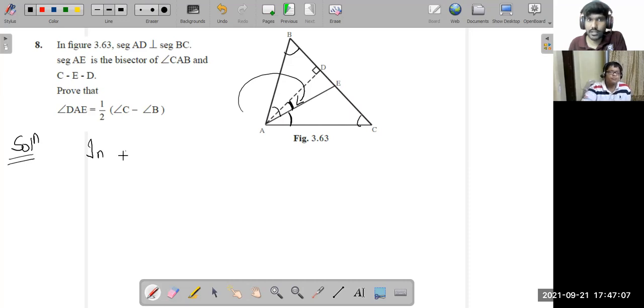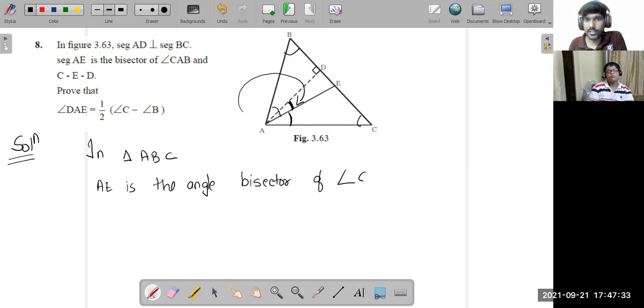Yes, sir. Now look into triangle ABC, the bigger one. In this triangle, they have said AE is the angle bisector of angle CAB.